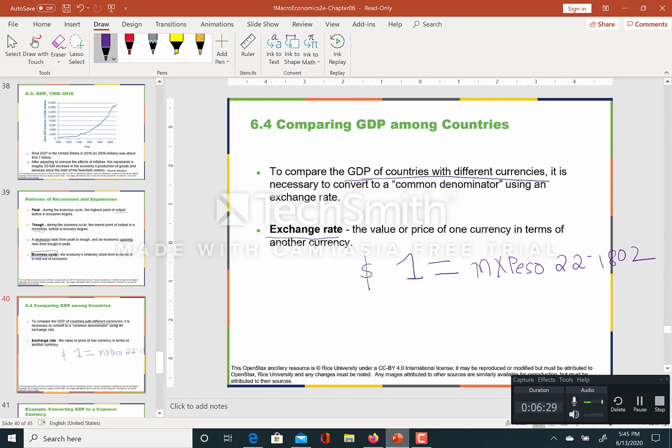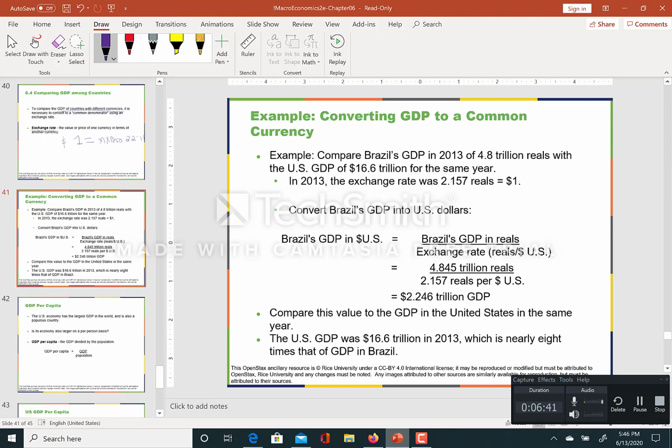That means if US citizens sell 1 US dollar, they are going to get 22.1802 Mexican pesos.